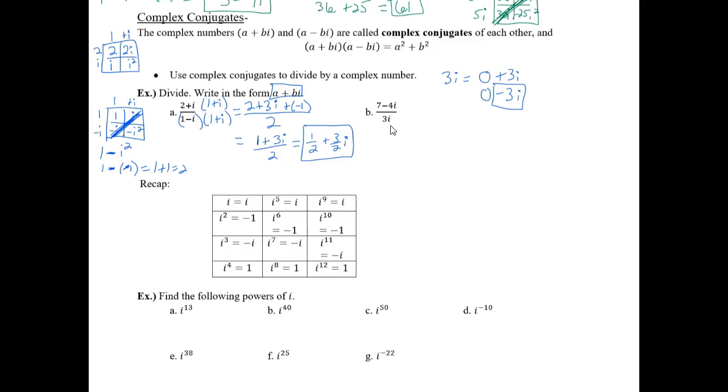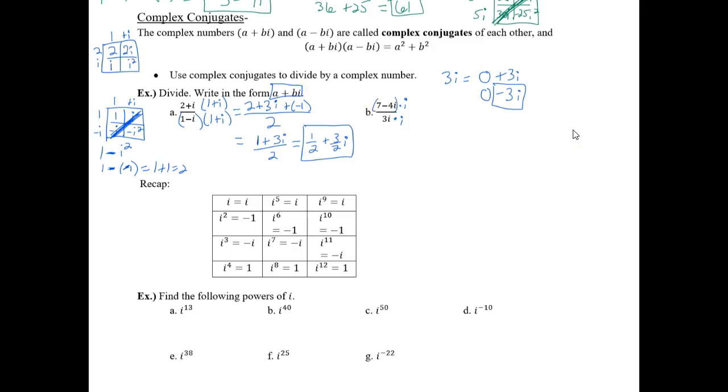I'm just going to multiply by I. Because what I need is that I squared to get rid of the complex part, and because I squared is -1, which is a real number. Again, this only works if you have one term in the denominator. If you have two terms, you have to use the conjugates. But in this case, I just have the one term, so I'm just going to multiply by I.